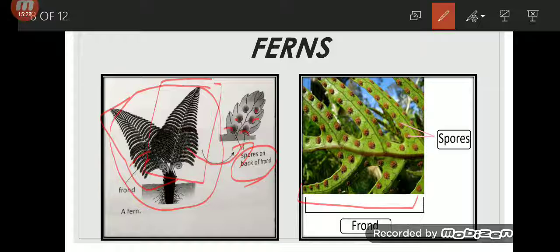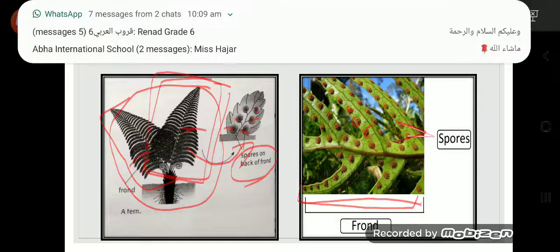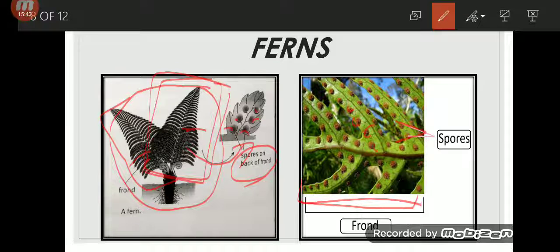Not just this one part is a frond, this whole thing is a frond. And you can see at the back of the frond there are spores. These spores are used for reproduction. Reproduction means these spores will produce new plants. I hope that this is clear.